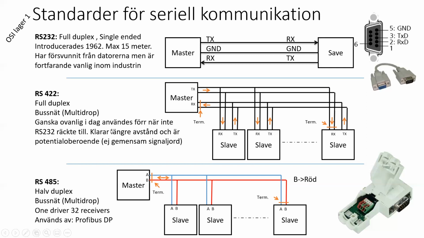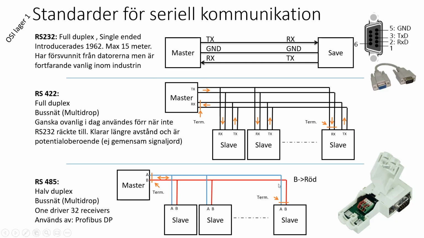Yes. And then we have the 485, which is actually used in a commercial field bus called Profibus DP. And it's still quite widely used. And this is also a bus network, and you can have up to 32 slaves here, or receivers.